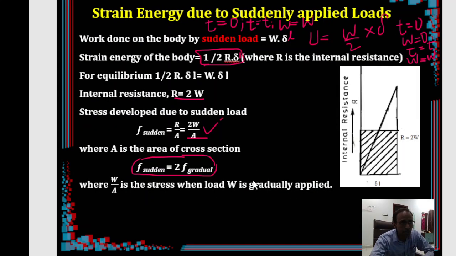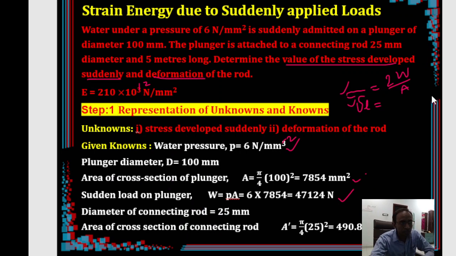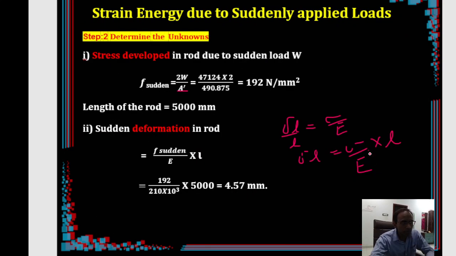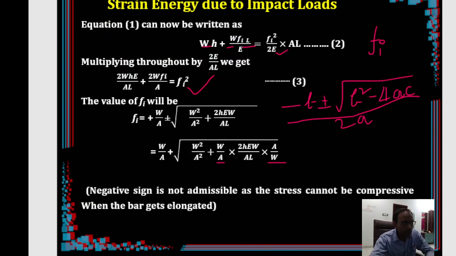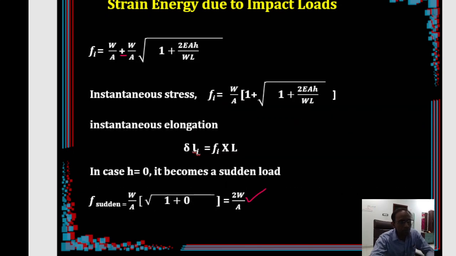Previously also we discussed this: Fi by E into L. Now simplification of that, whatever things we are supposed to calculate, this is the actual formulation.